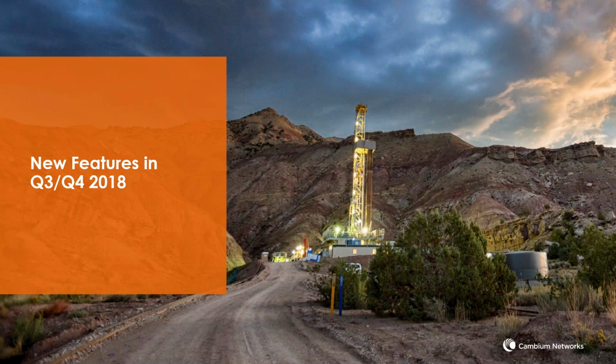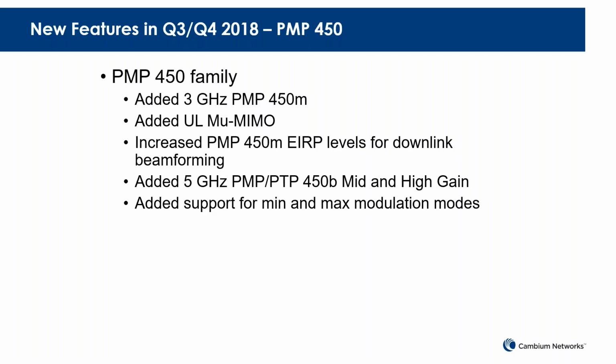So next we'll talk about new features. This is what we've added for the PMP 450 in the third and fourth quarters of 2018. We added 3 gigahertz 450M Medusa uplink multi-user MIMO. We increased the 450M EIRP levels for downlink beamforming.